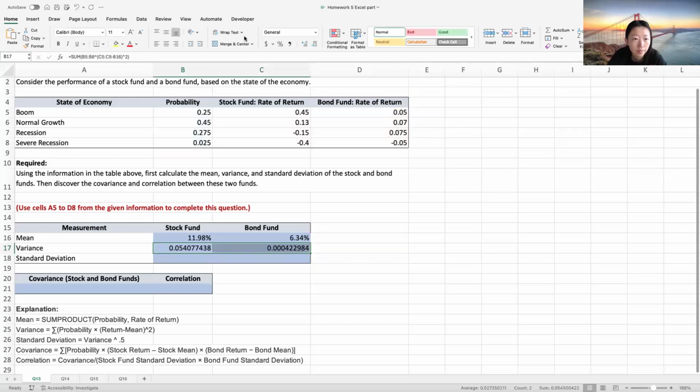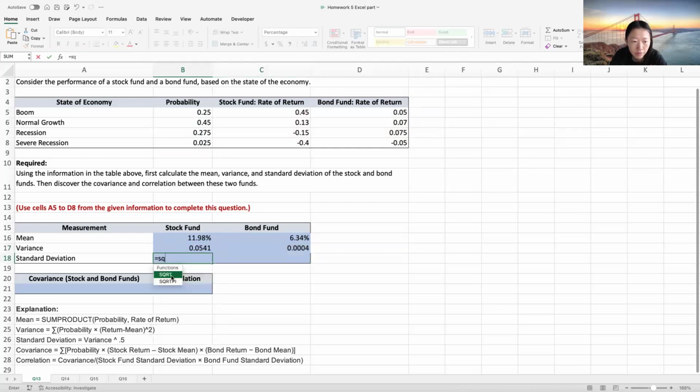All right, good. I'm going to reduce the decimal point. And standard deviation will be the square root of variance. All right, and then correlation and covariance.